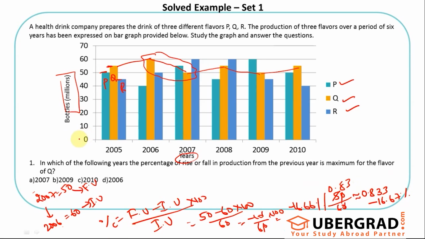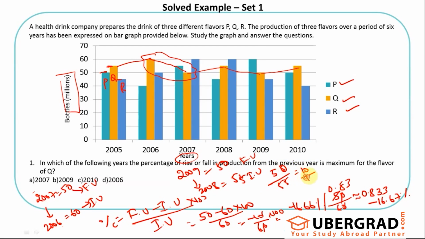So using this logic, what about 2009 over 2008? In 2008 the value is 55. In 2009 the value is 50. So the percentage change is based on this being my initial value and this my final value, final by initial.